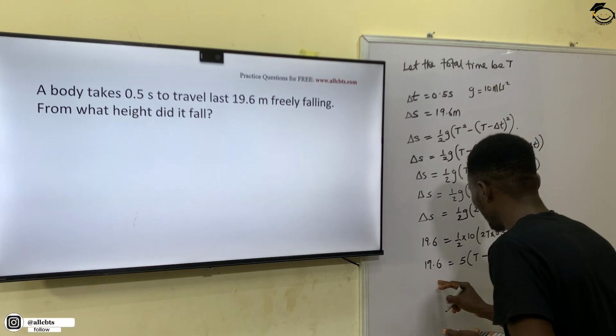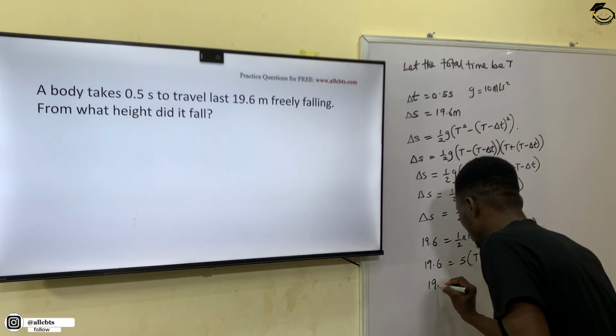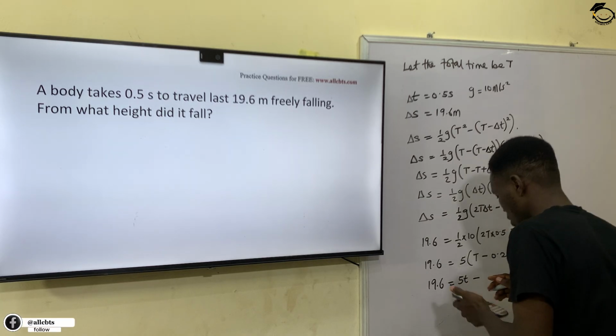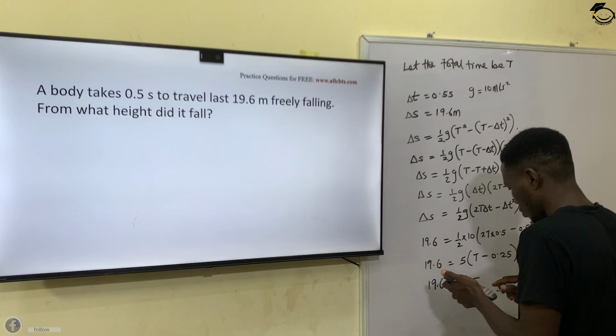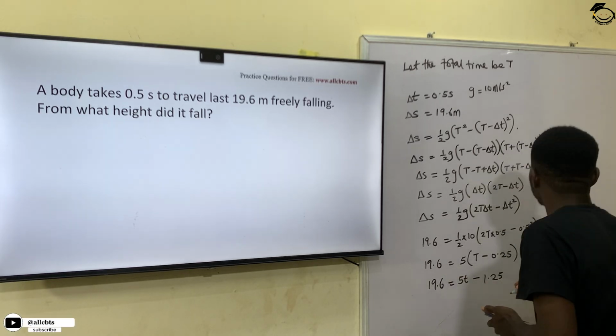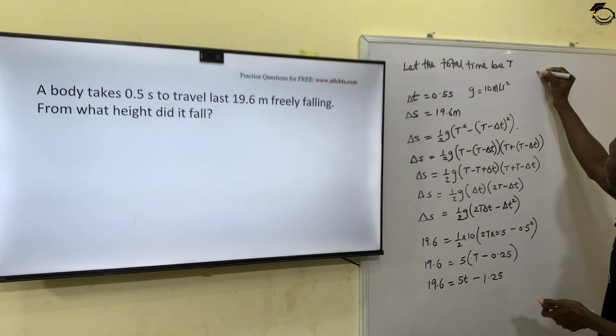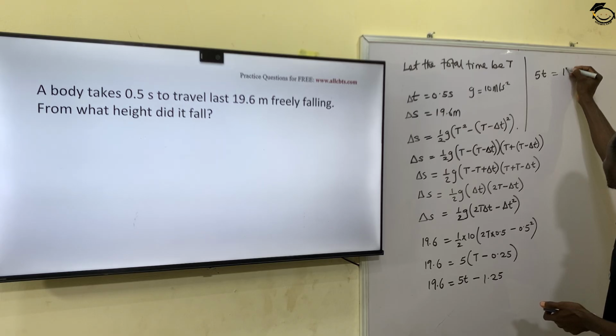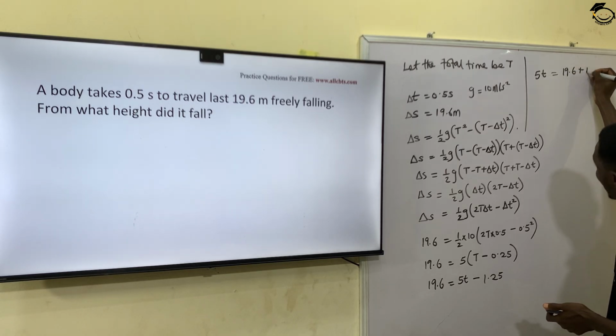If I simplify further, I'll have 19.6 is equal to 5T minus 1.25. So if I collect like terms, this means that I have 5T equal to 19.6 plus 1.25.